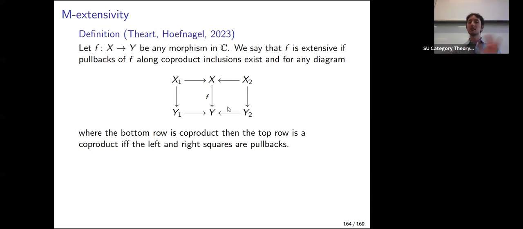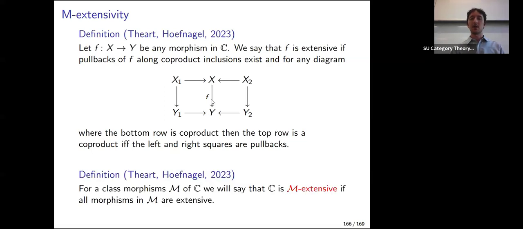So the extensivity condition needs to hold for just our morphism. Then we say that for a class of morphisms M, a category is M-extensive if all morphisms in that class are extensive.